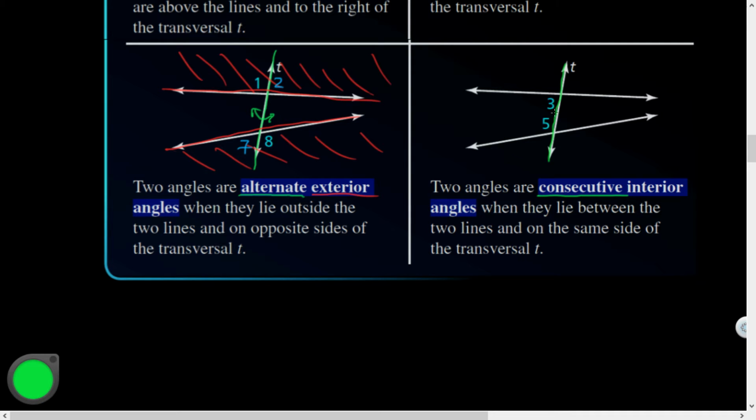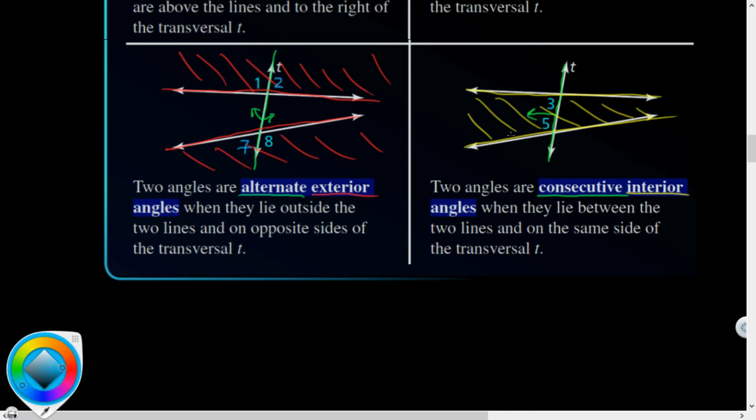Consecutive means they're on the same side of the lines cut by a transversal, and interior angles because they're in between. Now, the only one they didn't bother naming was consecutive exterior, but I think you could imagine what those look like.